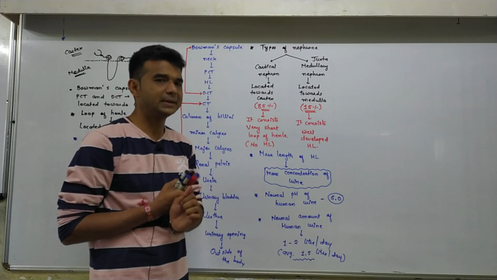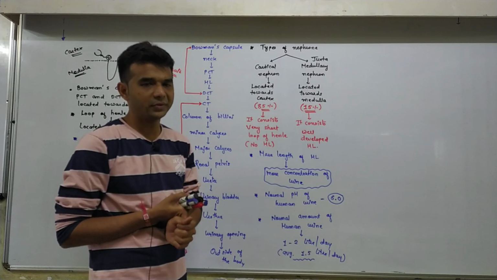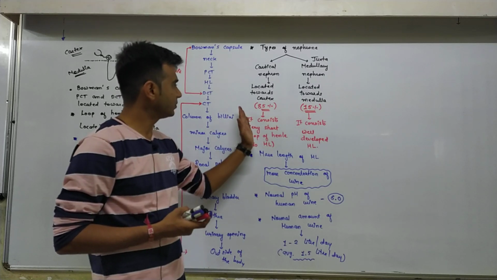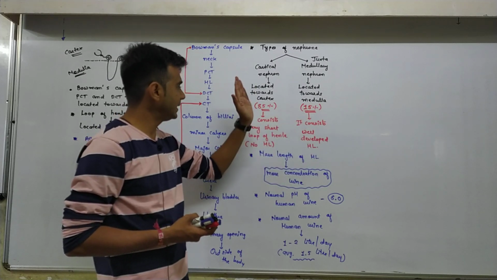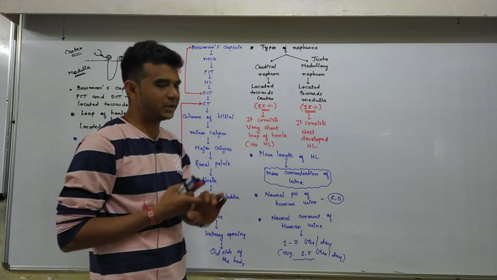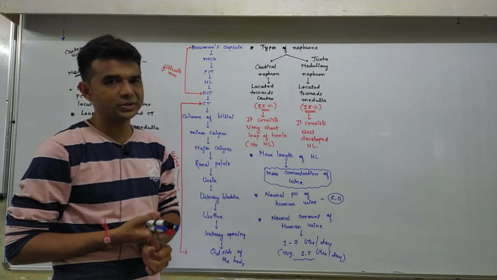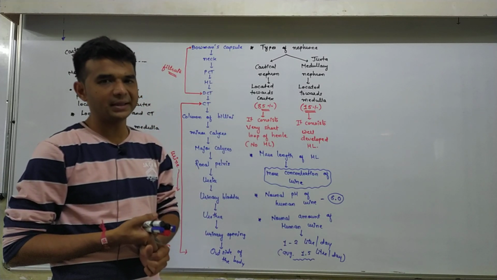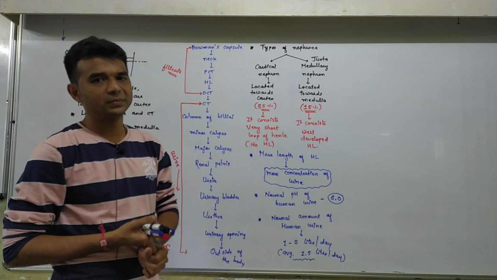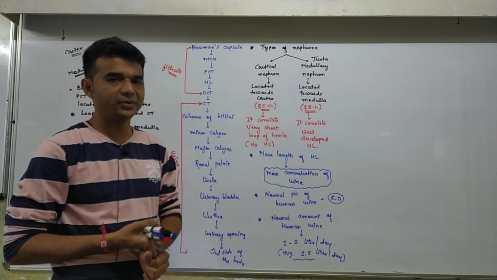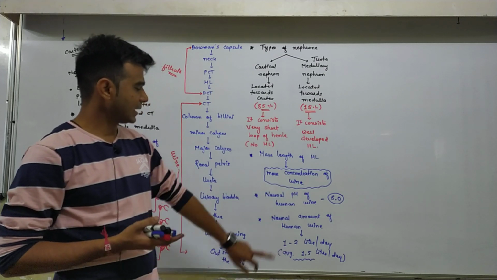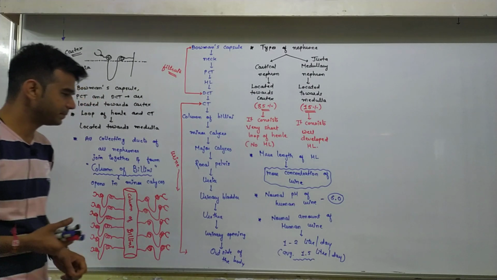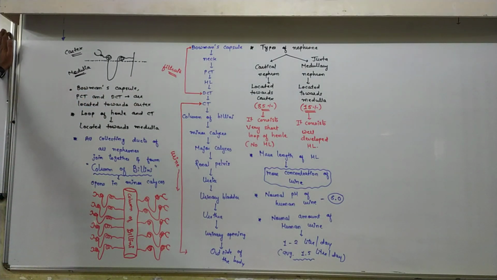That's why it has more concentration compared to this. So there is more concentrated urine and dilute urine, but all the nephrons' secretions join together and form slightly concentrated urine that has a pH of 6. The normal amount of human urine per day is 1 to 2 liters.